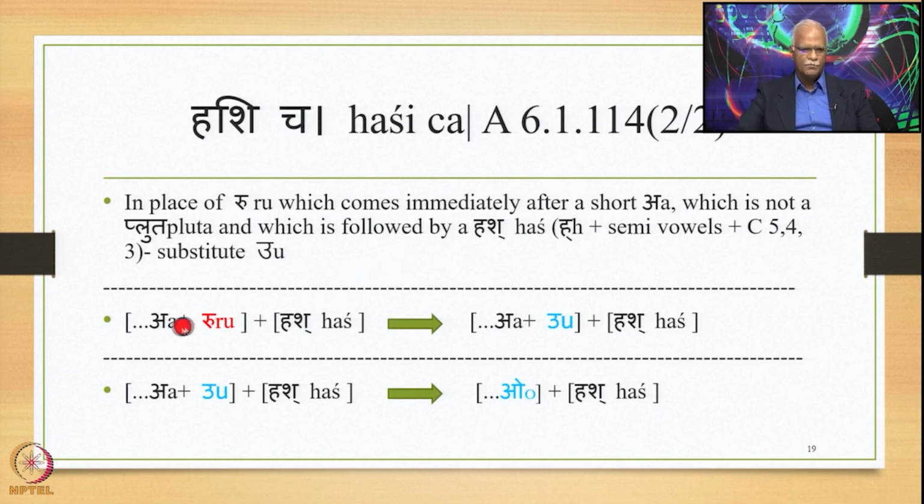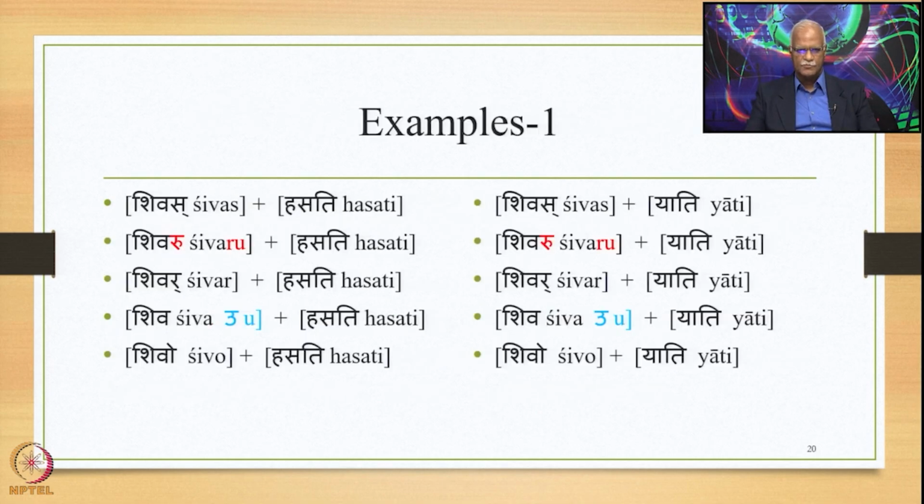If we have a plus ru followed by hash, then this ru is substituted to u first, and then a plus u is substituted to o plus hash. So, a plus u becomes o, and you have a plus u plus hash being substituted by o plus hash. So, this is adgunaha that plays an important role over here.